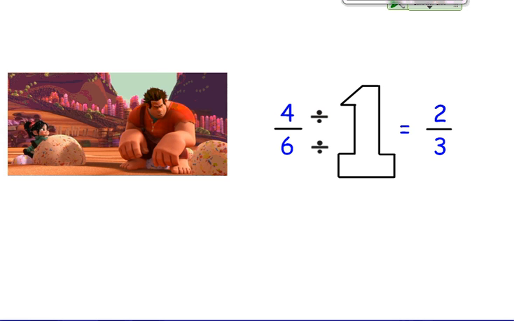Today we're going to learn about how to take a fraction and reduce by dividing by 1. So, since we just did this, it should be pretty simple. We can see that as we look at the number 4 and the number 6, we can really talk about the factors. We see that 4 has the factors 1, 2, and 4, and 6 has the factors 1, 2, 3, and 6.